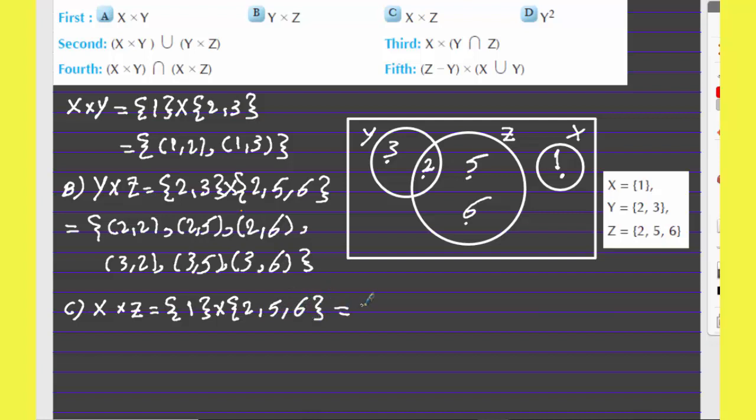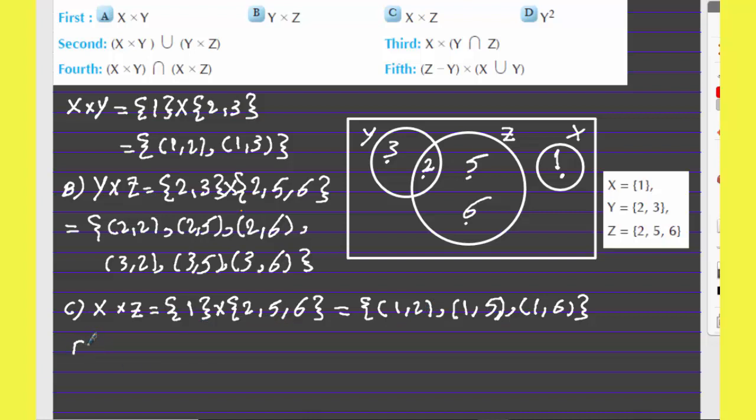So it equals another set of ordered pairs: (1, 2), (1, 5), (1, 6). Always the first element from the first set and the second element from the second set.